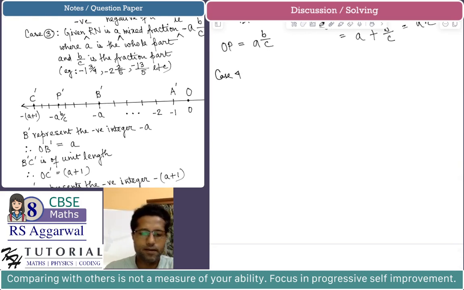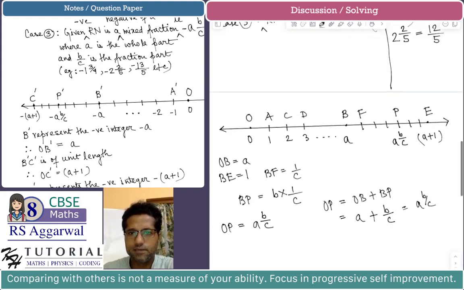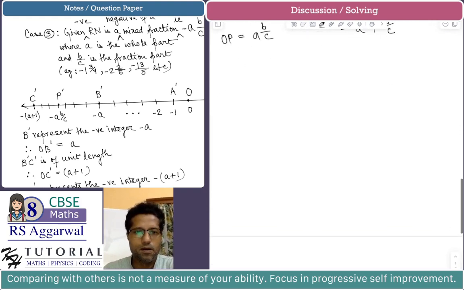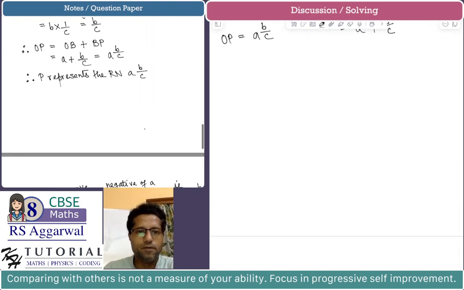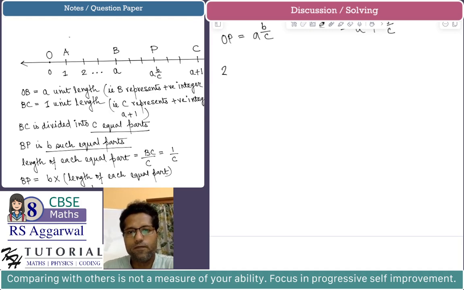Before that, let's try to understand case 3 with an example. Let's say we want to represent the rational number 2 and 2 by 5 on the number line.